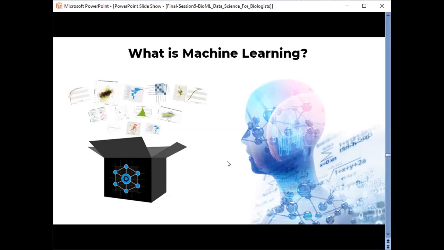We can apply statistics only when we have a small number of variables. So how can we analyze and visualize such multidimensional data using information from multiple variables, say hundreds or thousands of genes? The answer to such a question is machine learning.